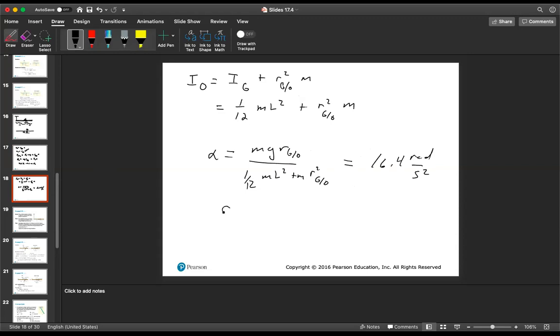Well, okay, so I immediately know the acceleration, sorry, not normal direction, tangential acceleration, which is R times alpha.